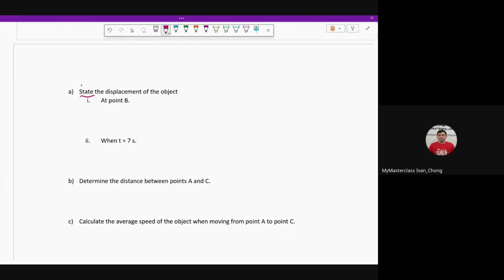Okay, basically it means no calculation. No calculation needed.